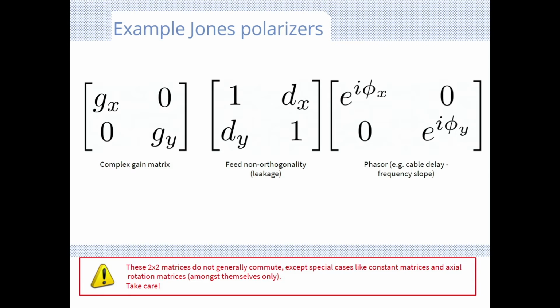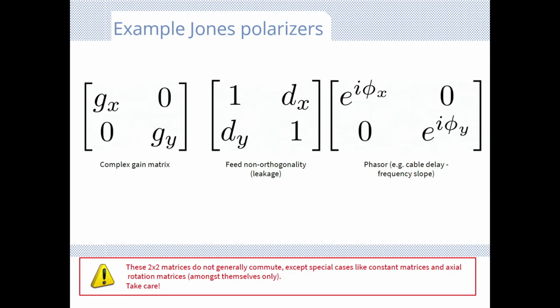And then ionospheric effects, of course, can also be described as introducing a delay in phase for various directions of the sky. Special note here that these matrices don't generally commute.